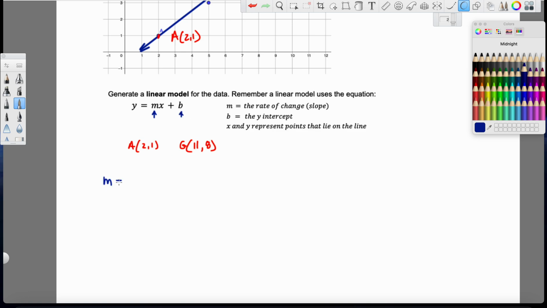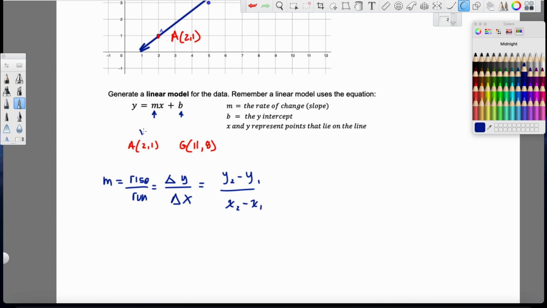The slope, as we know, we call it the rise over run, or the change in the y values over the change in the x values. Rise is the change in the y, and the run is the change in the x. Another way to say that is the difference of the y's and the difference of the x's.